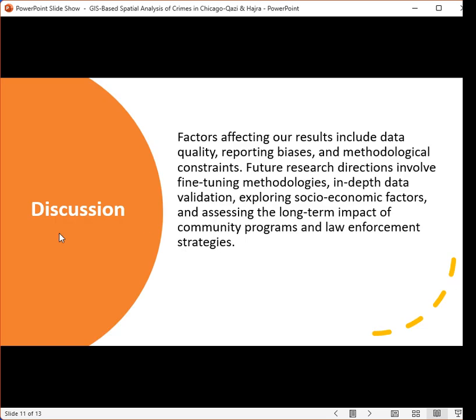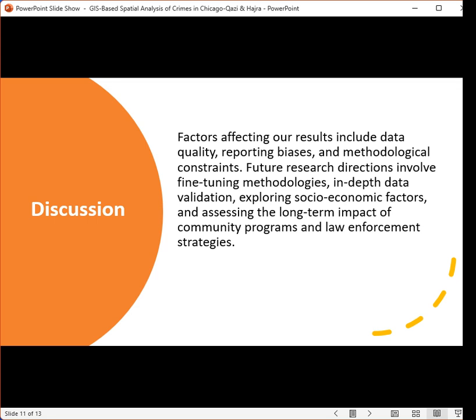So in the discussion, let's engage in a discussion about the factors that could affect our crime analysis results and explore potential future research directions.